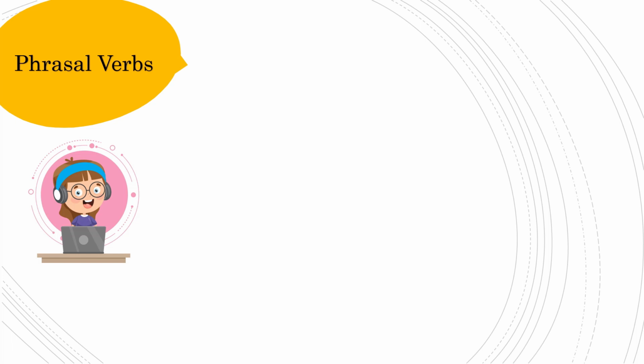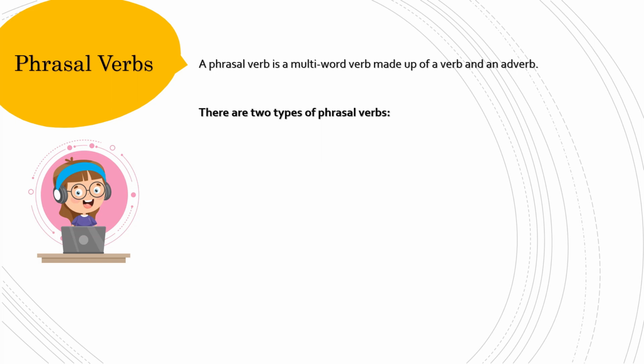Phrasal verbs. A phrasal verb is a multi-word verb, made up of a verb and an adverb. There are two types of phrasal verbs. Type 1: no object, intransitive, that is, they don't take an object.